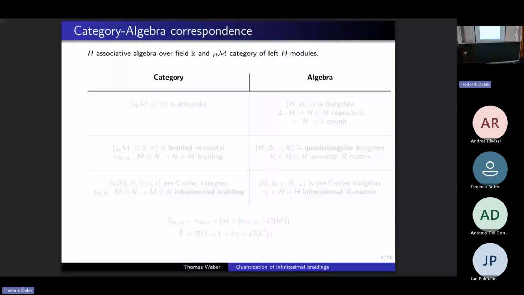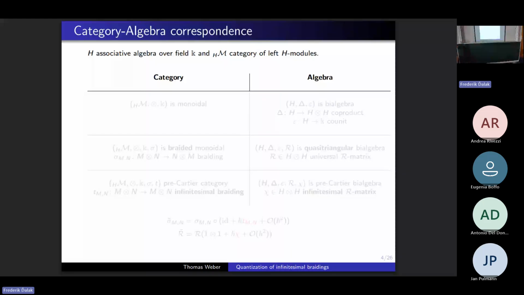There is this credo that category theory and algebra are kind of the same thing, which is of course not true, but what I mean by this is that if you start with an algebra H, over a field, let's say, you look at the category of left H modules, this is what we call here HM, then for every extra property on the level of the algebra, you get something on the level of the category of modules and vice versa. So you can learn about H if you have more information about the category of modules and vice versa.